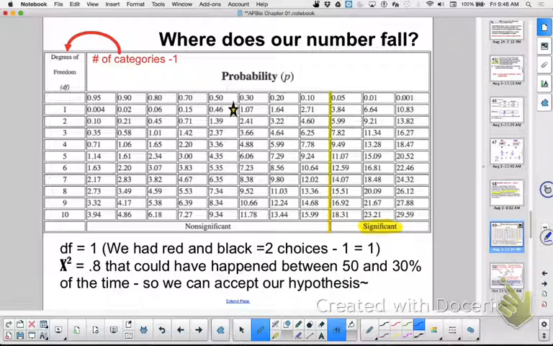Now I want you to look back here again. What trend can you see as you go down in degrees of freedom? It gets what? Bigger. That's because we only had 2 options here. But if you have 3 or 4 or 5 or 6 or 7 or 8, your number is going to get bigger just because you have those. So the leniency is going to be bigger. That makes sense.